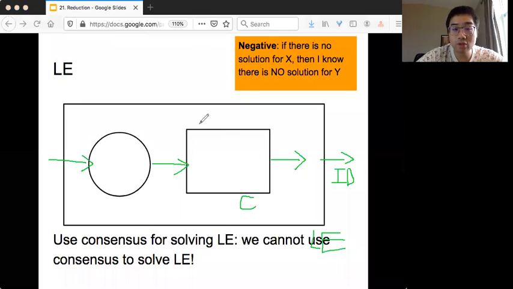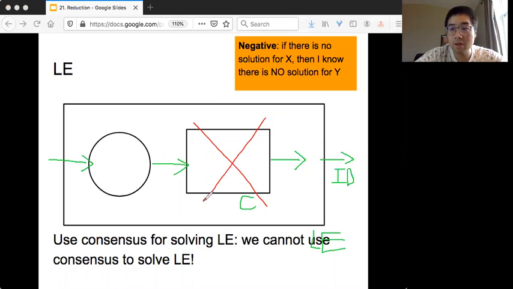The implication of FLP is that you don't have the inner black box. You cannot solve consensus in this case. But that means you cannot use consensus to solve leader election. So this reduction is actually wrong. It cannot be implemented. But it has nothing to do with leader election itself.